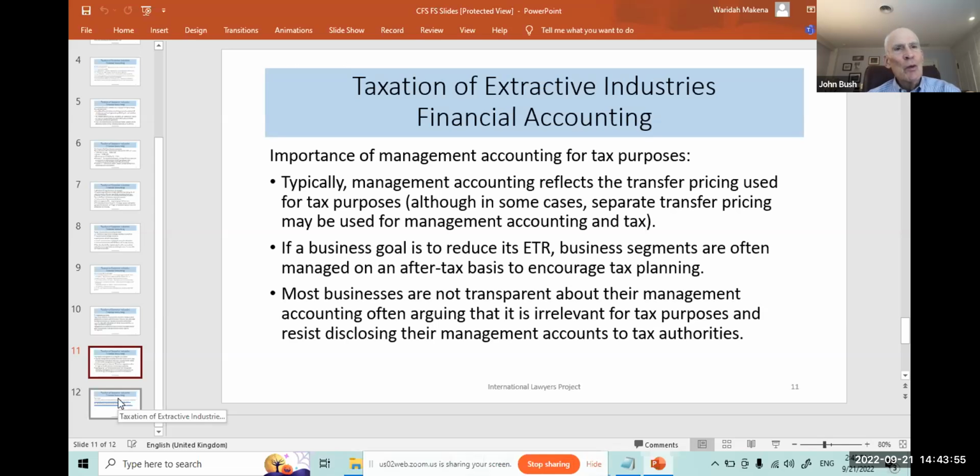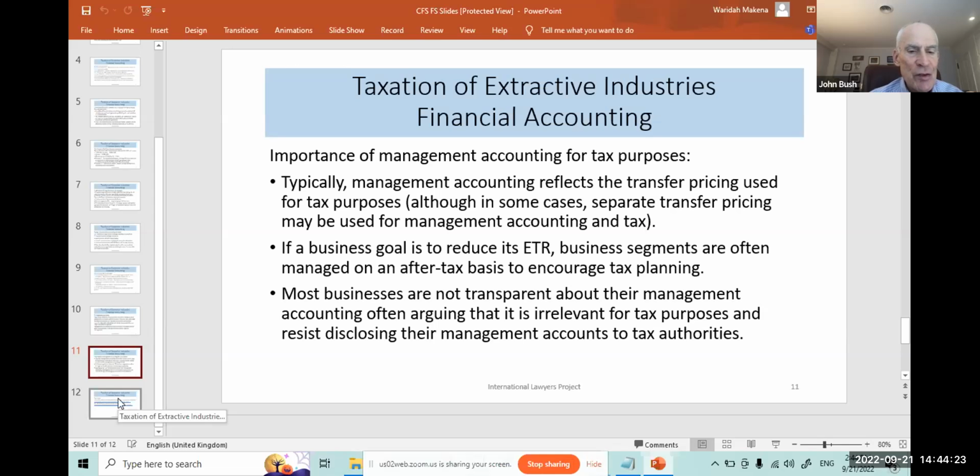And then an interesting question is, are the businesses being run on an after-tax basis? If you want to have businesses focus on tax planning, you say to them, we are going to judge your results after tax, and their interest immediately increases on what kind of tax planning the company wants to undertake.